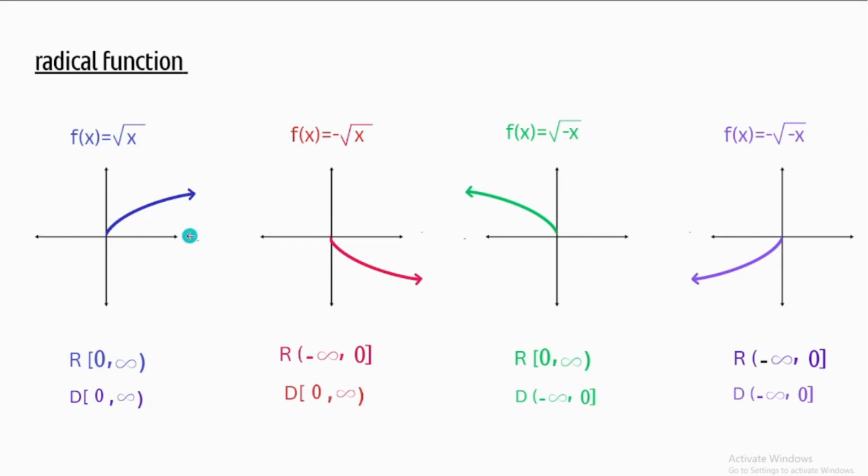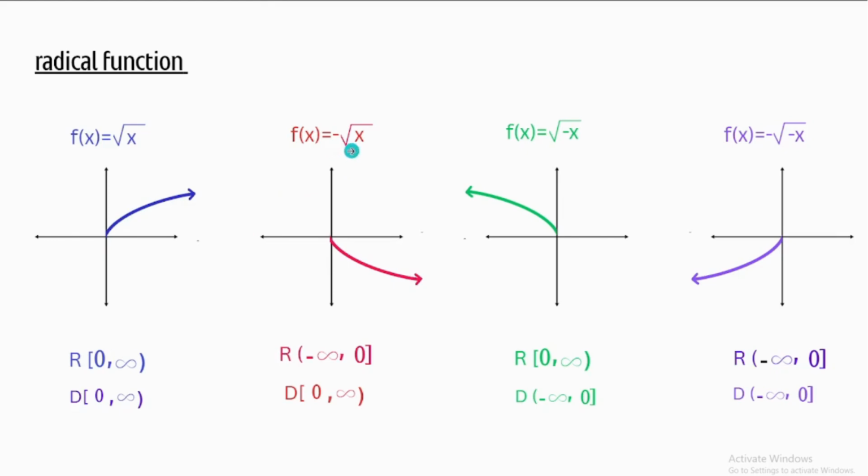For the range, on the y-axis it starts from 0 and extends to positive infinity. And for the x-axis, as we talked about the domain, it starts from 0 and goes to infinity.